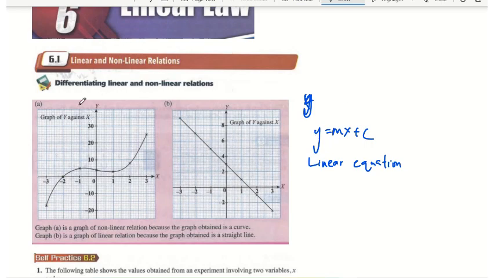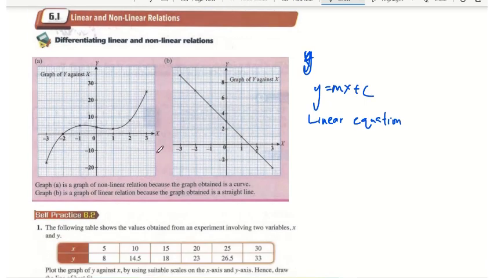Okay, differentiating linear and non-linear relations for graph A and graph B. You can see clearly here that graph A is a curve, where graph B is a straight line. So a curve is a non-linear relation, whereas a straight line is a linear relation.